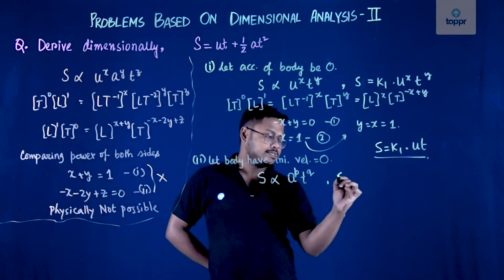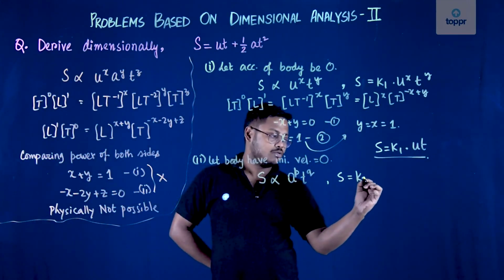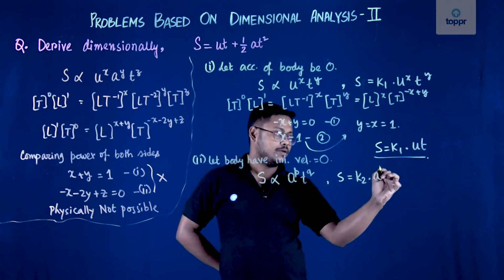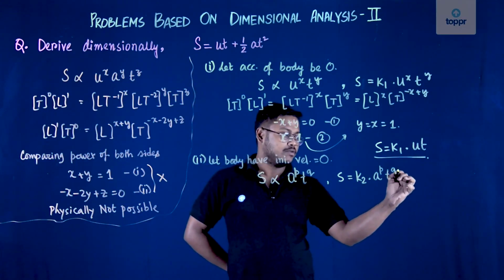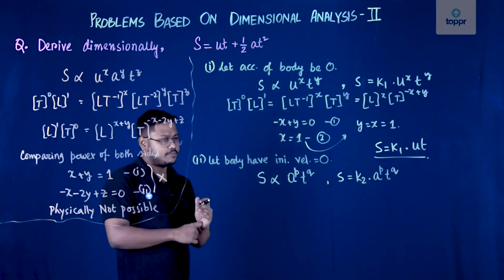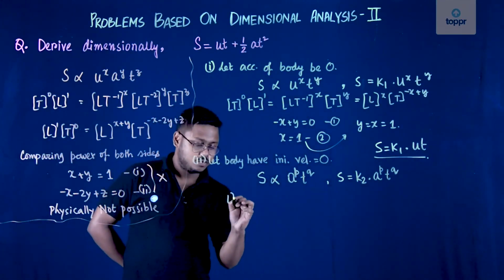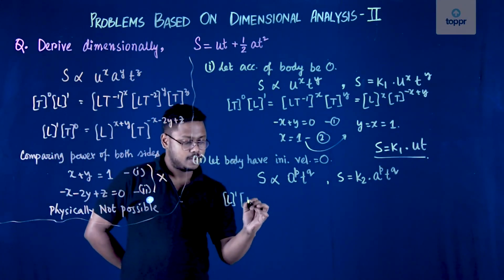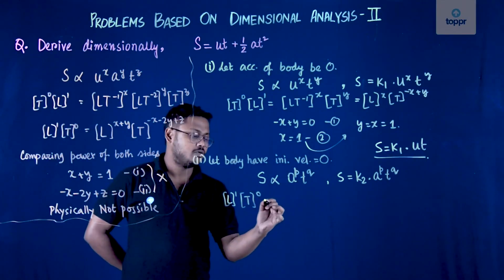Or you can write s equals some constant k2 times a to the power p, t to the power q, alright.